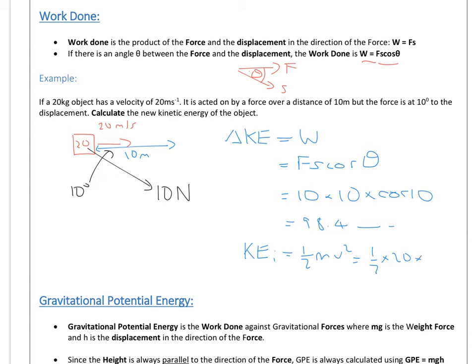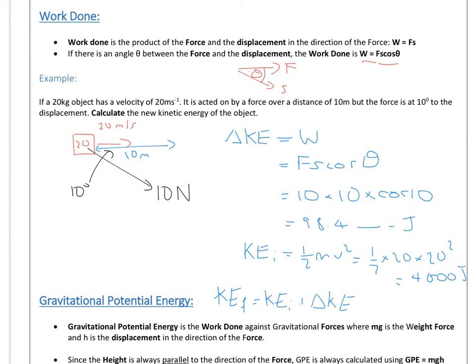If we work out the initial kinetic energy, we know that's half m v squared, which is half times 20 times 20 squared. That's 20 times 20 times 20 divided by 2, which is 4,000 joules. The final kinetic energy is going to be the initial kinetic energy plus the change in kinetic energy, essentially adding those two numbers together.